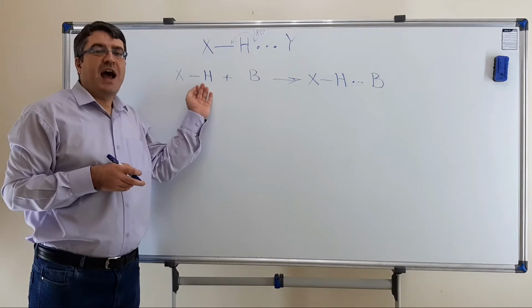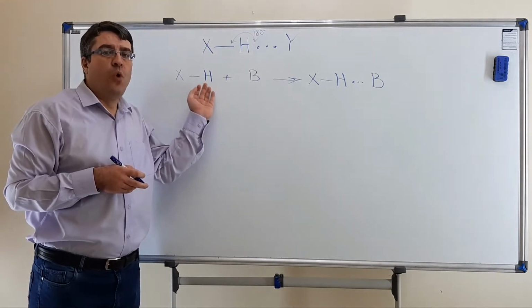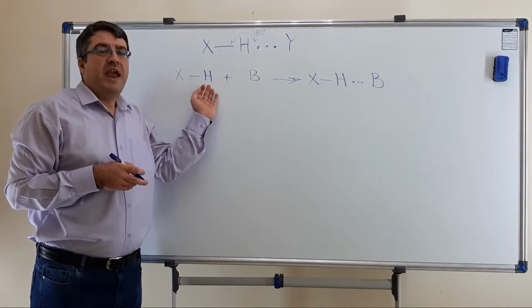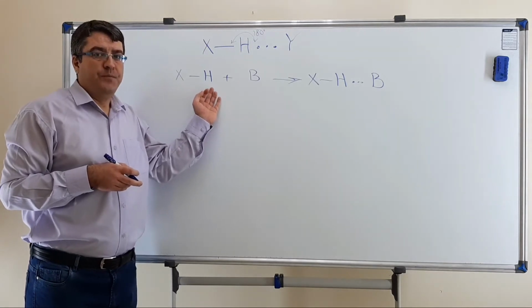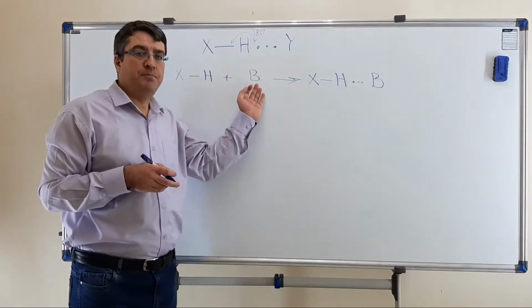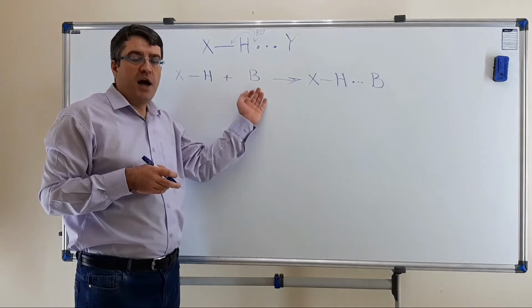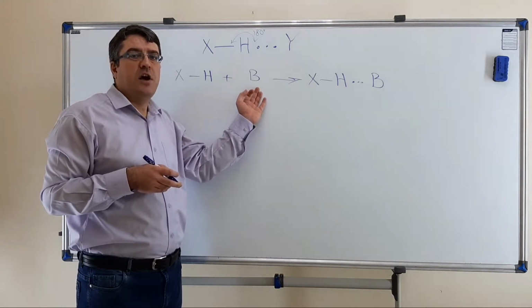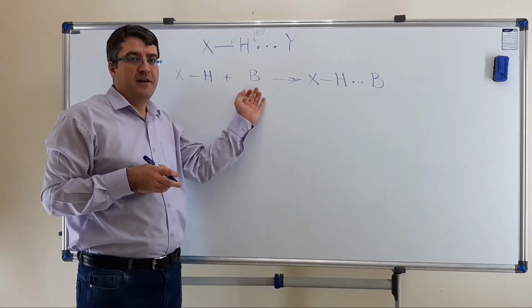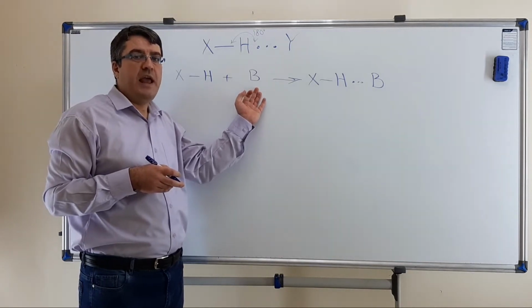It is considered as hydrogen bond donor, abbreviated as HBD. On the other hand, the Lewis base B accepts that hydrogen to form hydrogen bond. It is considered as hydrogen bond acceptor, abbreviated as HBA.